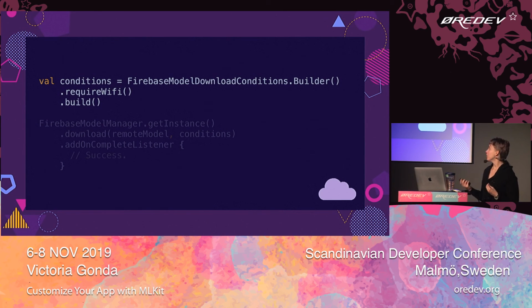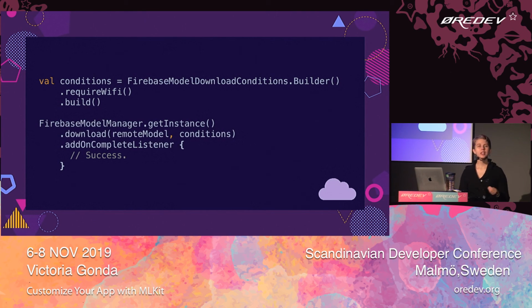Note that this is the same download manager that you can use with the translation API to control when you download models for different languages or delete them. Then you can asynchronously download the model if the conditions are met, if the model isn't on the device, or if there's a new updated version. And you should always check if the model is downloaded before you try to use it.